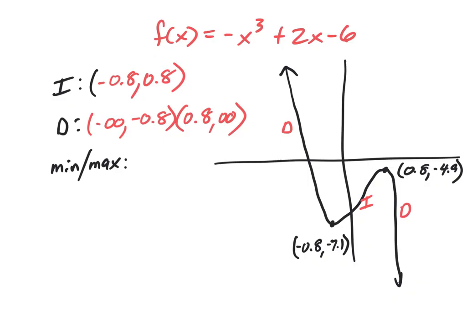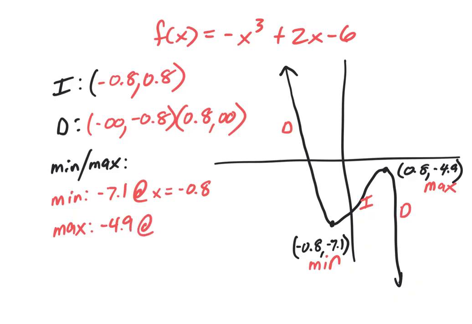This one has both a minimum and a maximum. Okay, the minimum we're going to say is -7.1, at x equals -0.8, and the maximum is -4.9, and that happens at x equals positive 0.8.